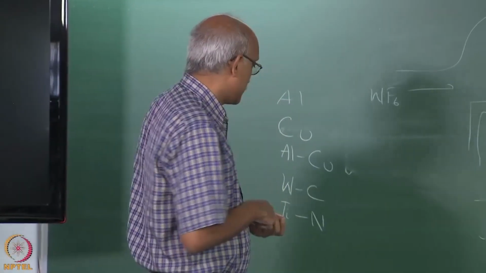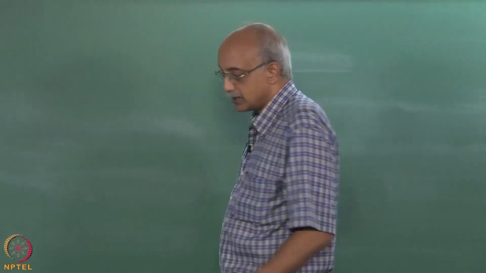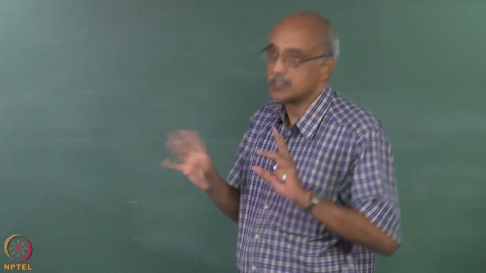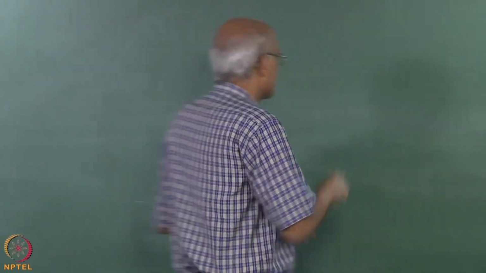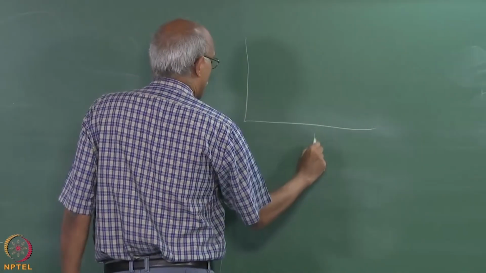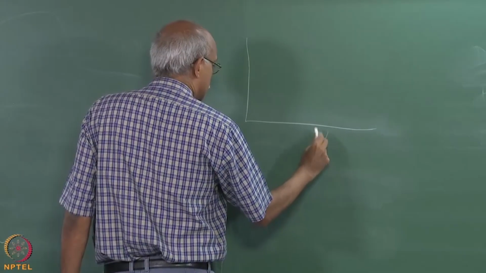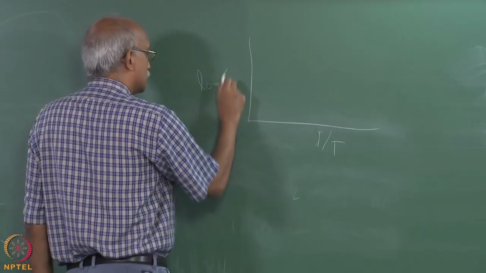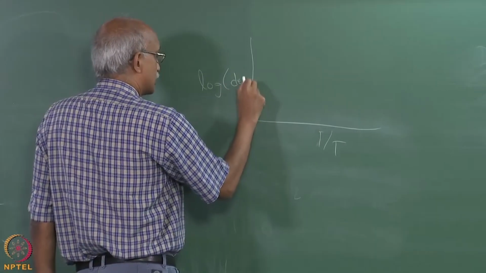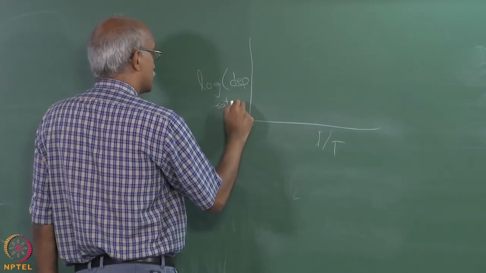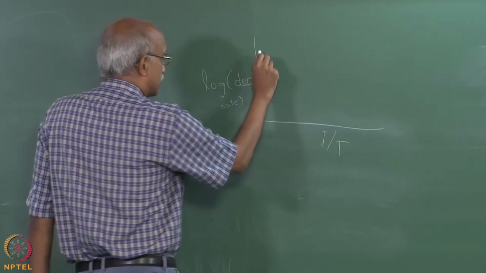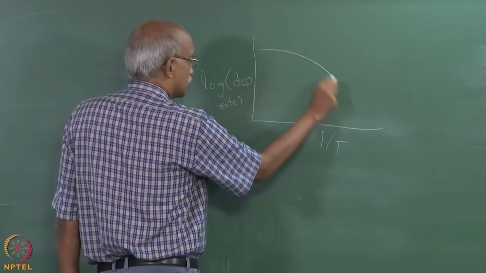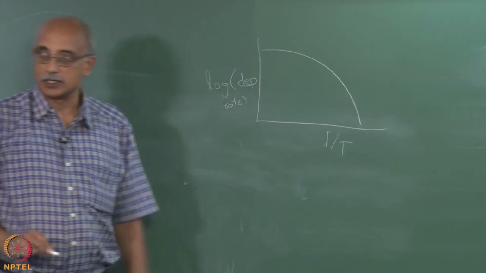If you remember the diagram that we had last week, and we will look at it now in the context of where you would grow various types of films. Okay. So, what I plotted was 1 over temperature versus logarithm of deposition rate or rate of film formation, and the typical curve looked like this, right.